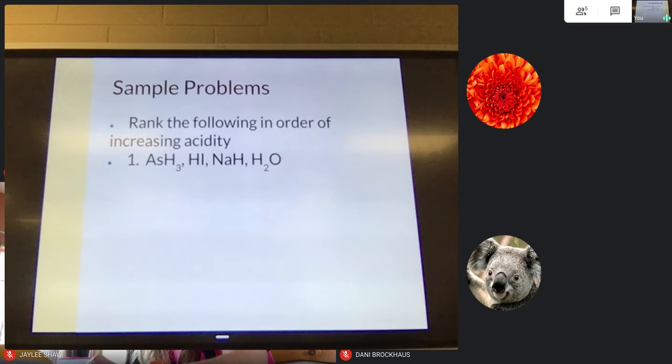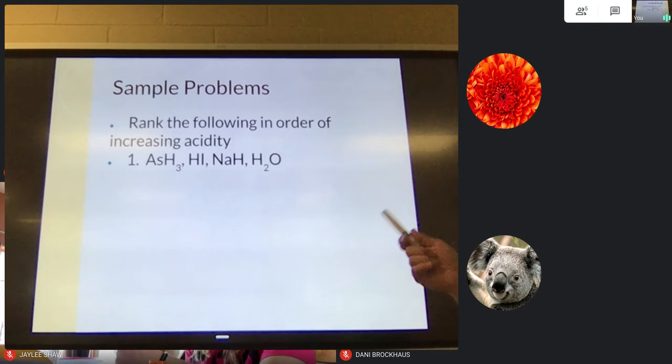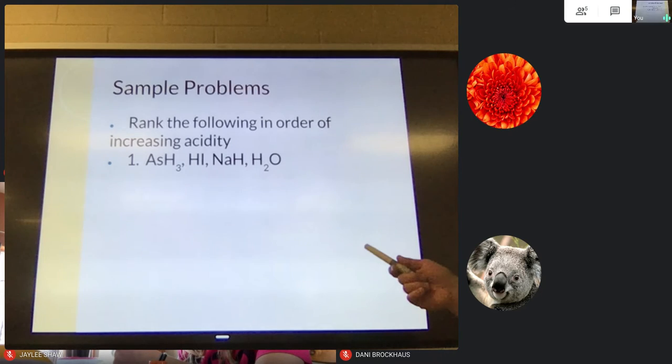These are binaries, with only two different types of elements. So we have to look at bond strength and what they're attached to. Also, you can just look at how they're written. A lot of times, you already know out of this group who's probably the most acidic just by looking at how the formulas are written.